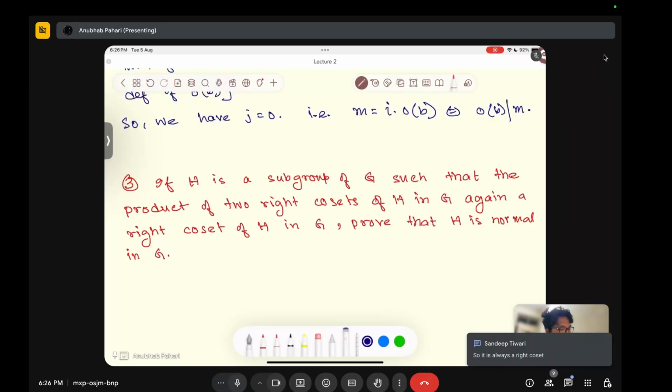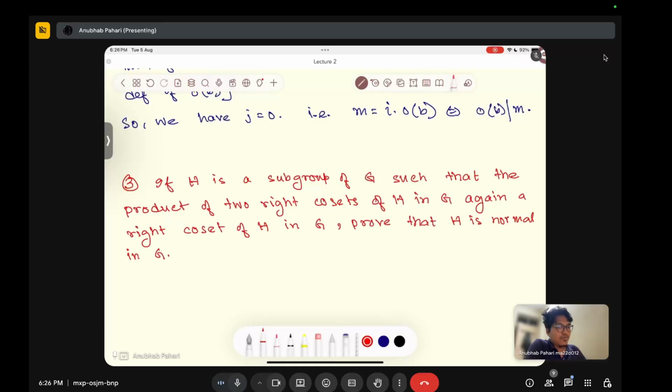You have to use the assumption that the product of two right cosets is again a right coset.